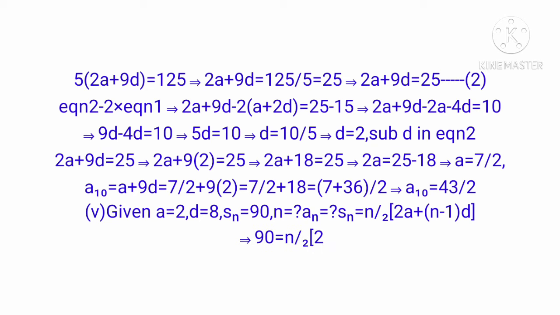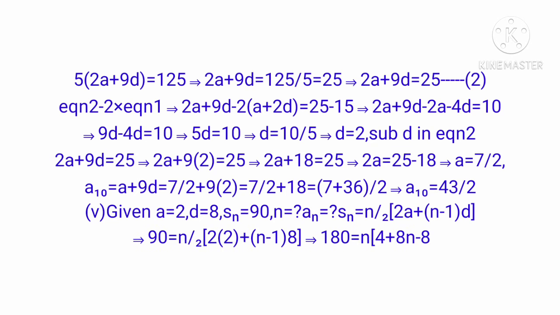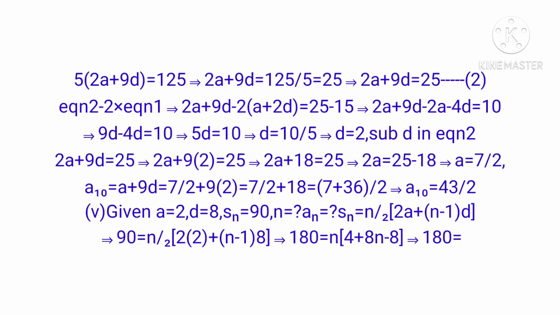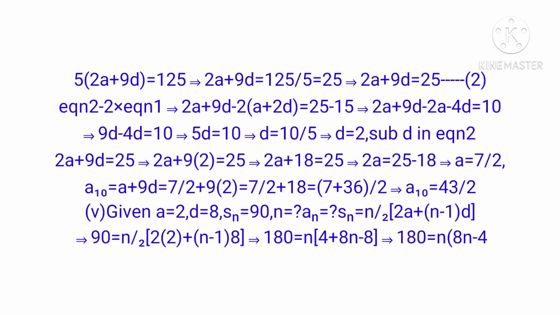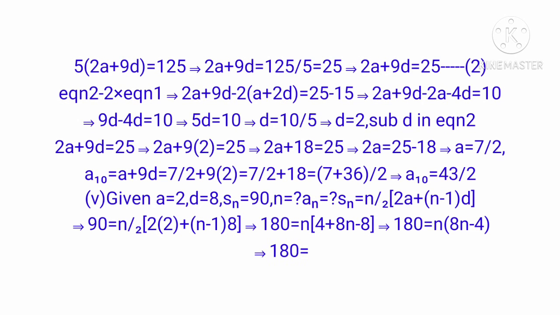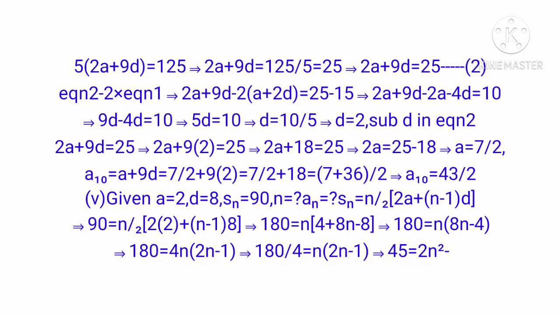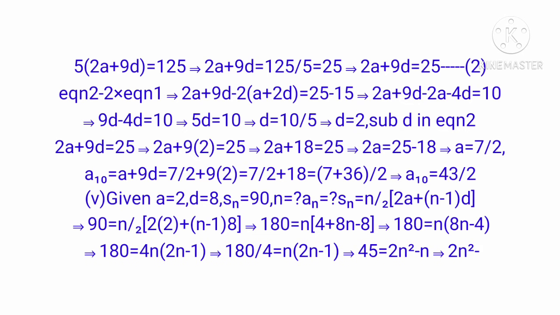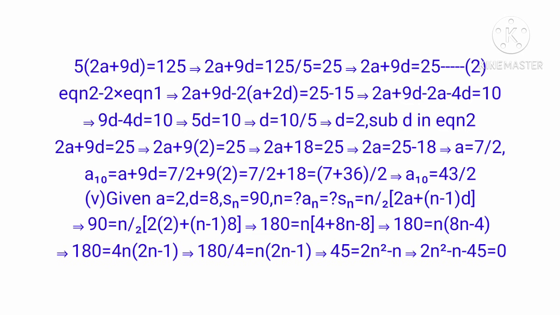So Sn value is 90 is equal to n by 2 into 2 plus n minus 1 into 8 implies cross multiply, 180 is equal to n into 4 plus 8n minus 8 implies 180 is equal to n into 8n minus 4 implies 180 is equal to 4n into 2n minus 1 implies 180 by 4 is equal to n into 2n minus 1 implies 45 is equal to 2n square minus n implies 2n square minus n minus 45 is equal to 0.